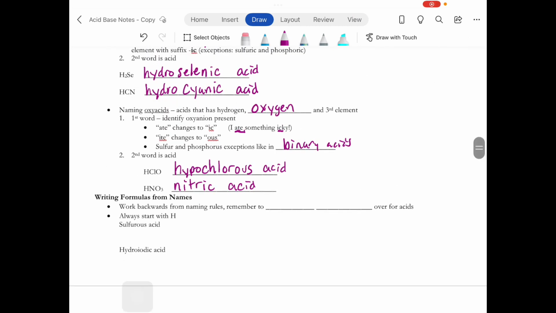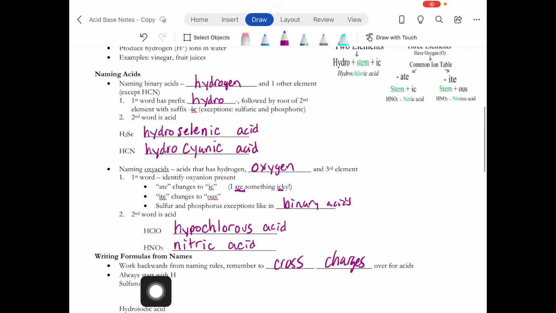A little bit more. Writing formulas from names, work backwards from the naming rules. Remember to cross charges over for acids, and always start with H. So we're going to start with sulfurous.